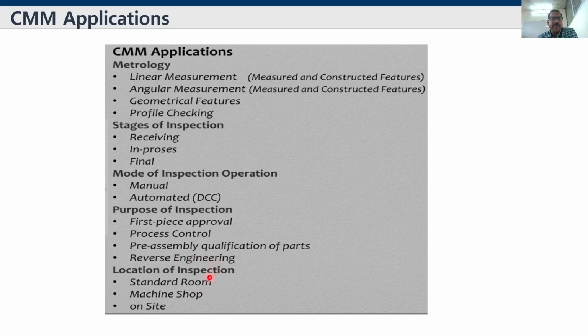Location of the inspection: whether under a standard room environment, a machine shop, or on-site. On-site, you can't take a gantry type or other types; you can take portable CMMs on-site. In a machine shop, you can also take a portable one. But a standard room is for other types, like bridge type, gantry type, moving arm or cantilever type, because those will be affected by vibration.